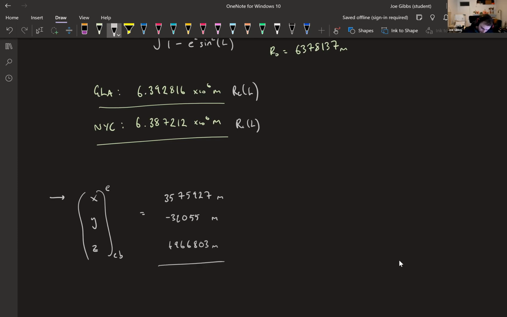Okay, so that's GLA, and then New York, the same process. Is that minus 36055 or minus 32055? 3, 2, sorry, my handwriting's dreadful. I'll try to be a bit clearer from now on.